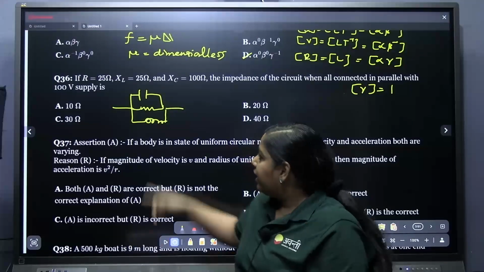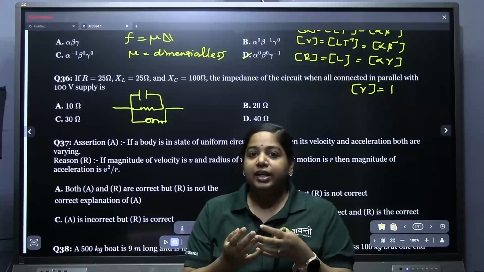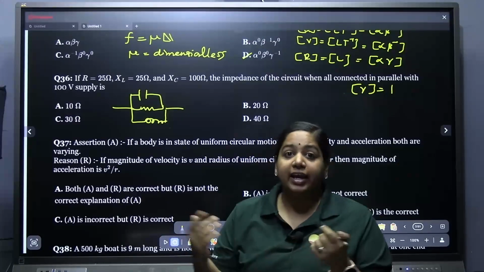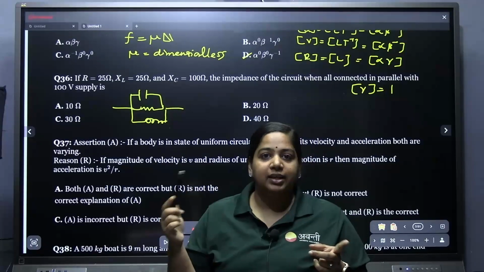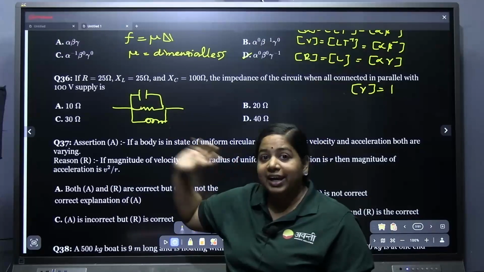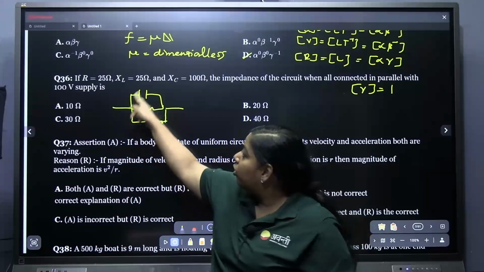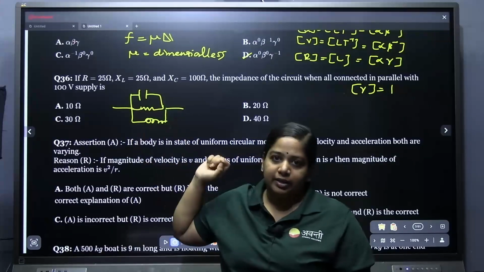An inductor doesn't like AC current to pass through it. Similarly, a capacitor doesn't let DC current pass through it for a long time. So for AC, current will always choose the capacitor and resistor only. It will not go through the inductor.